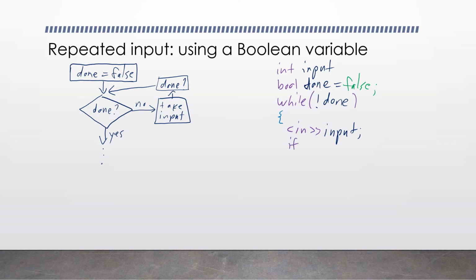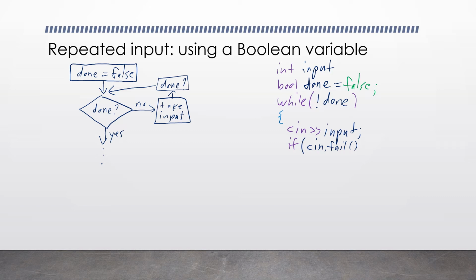We're going to check if cin.fail, which tells us that the last input was not a success. That the input that was read from cin did not match the idea that input was an int.